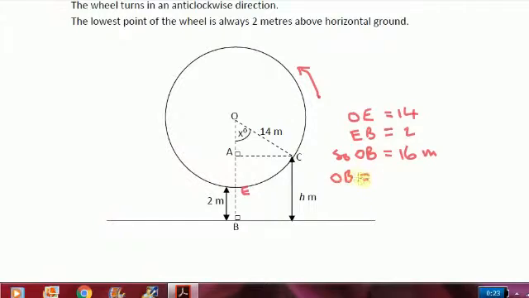OB is also equal to H plus the distance from A to O, OA. So H is equal to OB minus OA. OB is 16 minus OA. We've got 14 for the radius. It's a right angled triangle, so it's 14 cos X. So there's our answer.